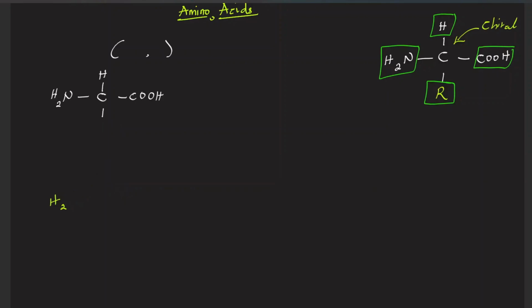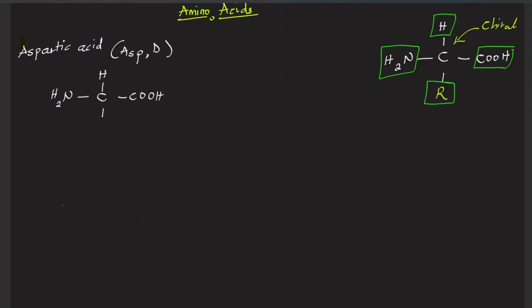Now, aspartic acid is one of 2 amino acids with a carboxylic acid group attached in the R group. So we have the 3-letter abbreviation as ASP and the 1-letter abbreviation for aspartic acid as a D.